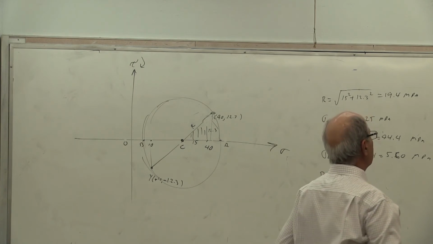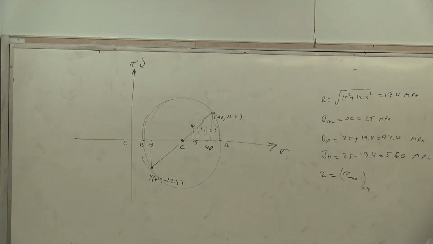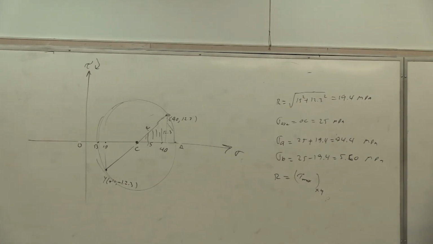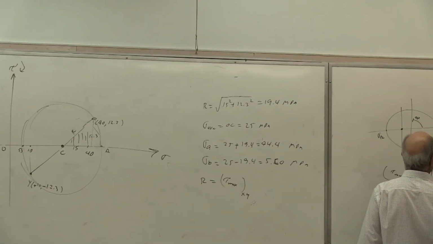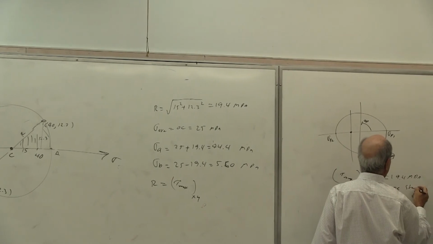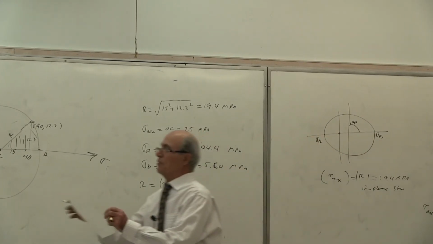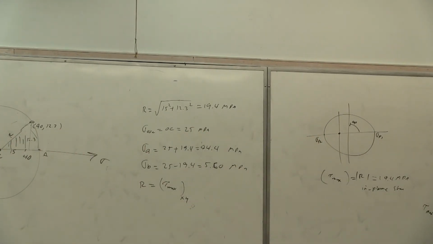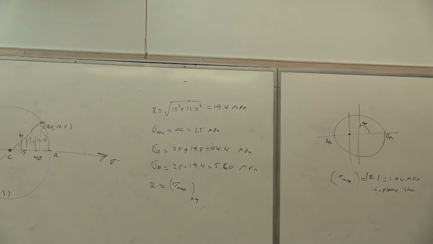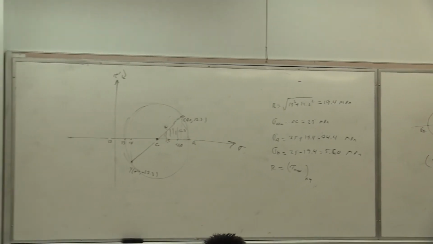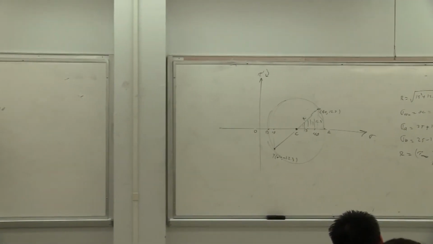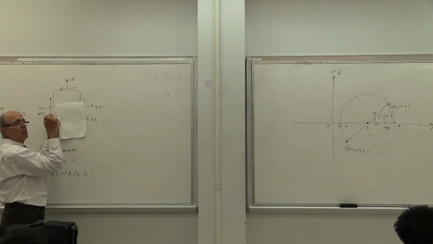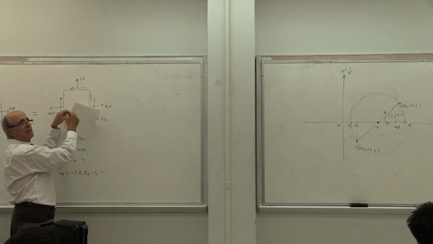So we call this one, which is equal to 19.4 megapascal, the in-plane shear. Why? Because our state of stress, one more time explaining it, is rotating like that. Everybody understand? It's not coming off this plane. It still is in the plane because the rotation, you said, is about the z-axis.